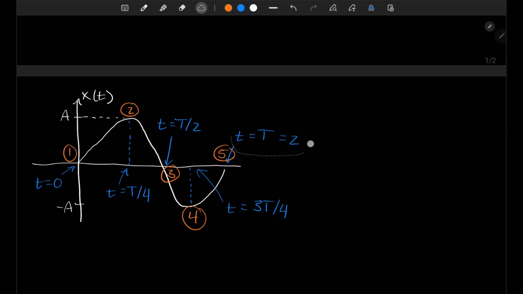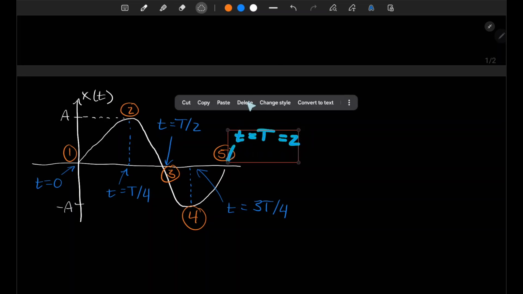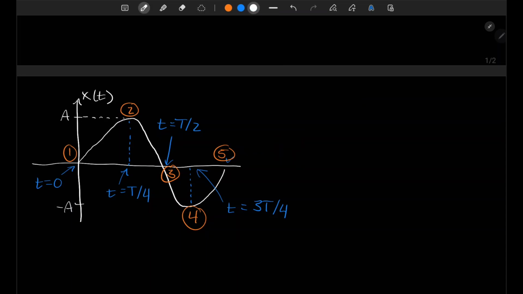So, getting rid of this blue for a second, and extending, we say that this guy goes up again, it goes up again, and back down.